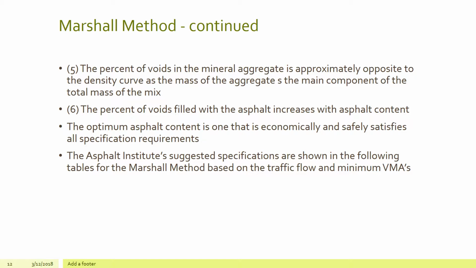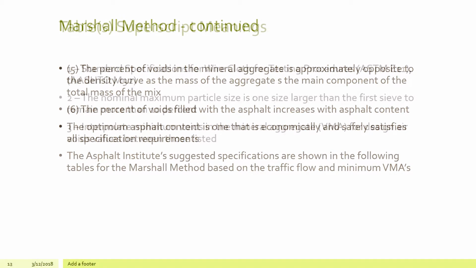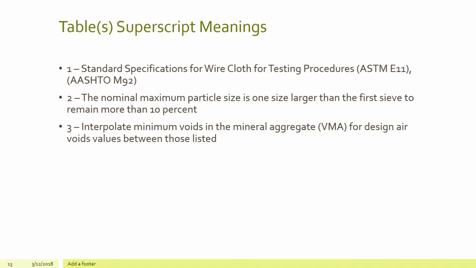The Asphalt Institute suggested specifications are shown in the following tables for the Marshall method based on the traffic flow and the minimum VMAs. And again, those tables are going to be found in the lecture presentation. So some of the superscripts, meaning, so we get one, standard specifications for wire cloth for testing procedures, and we're going to look at ASTM E11 and AASHTO M92.